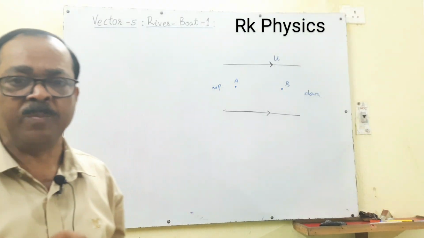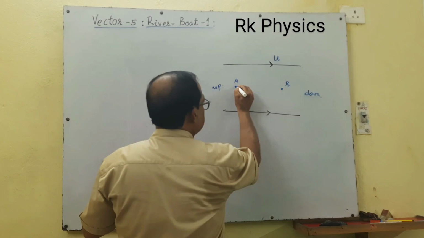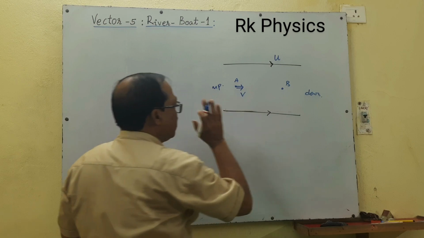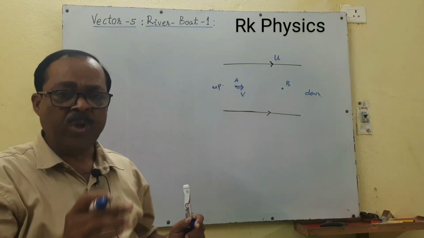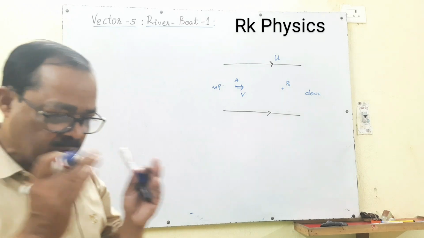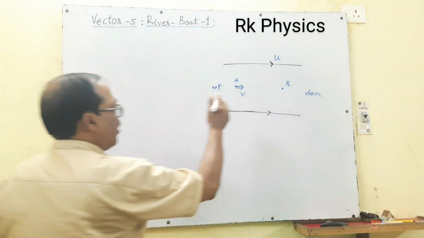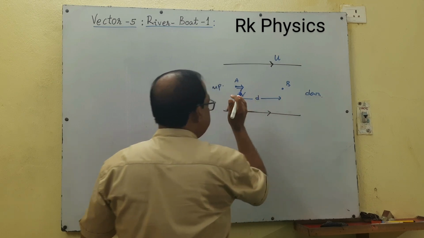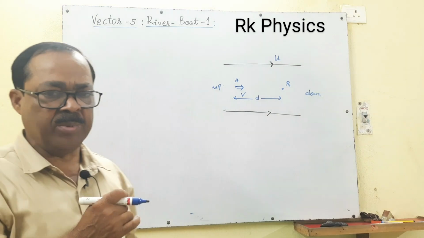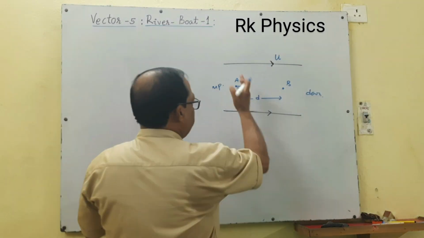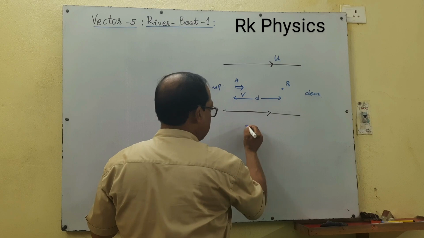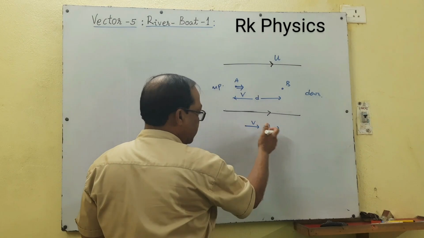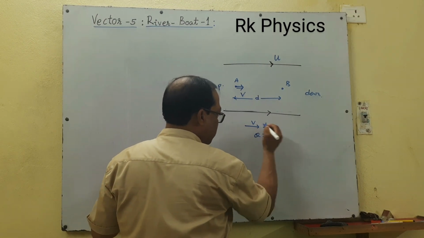You just assume. Now a person, a swimmer or a boat or a launch, is moving with velocity, suppose v, from point A to point B within the river. Suppose d is the distance between A and B. Therefore, if the boat moves along this direction and the direction of water remains the same, the angle between the two vectors is 0 degrees.